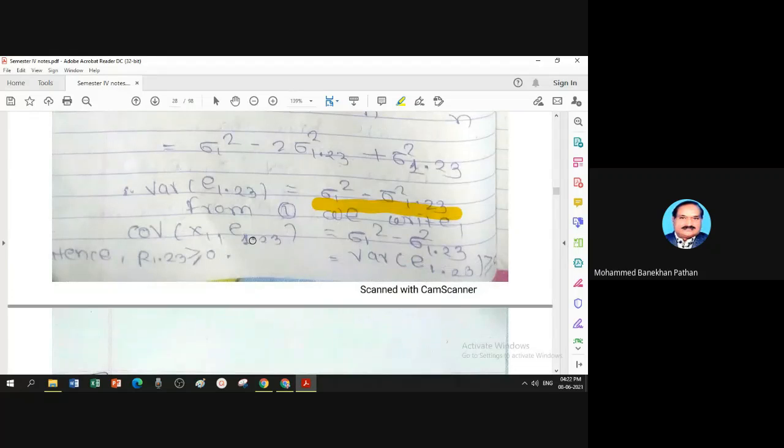So for multiple correlation, the covariance of x1 and E1.23 represents a variance, and we know that variance is never negative. Therefore we claim that the multiple correlation coefficient is always greater than or equal to 0, because in the definition of the multiple correlation coefficient, the covariance is coming as the variance of E1.23, and that's why it is positive.